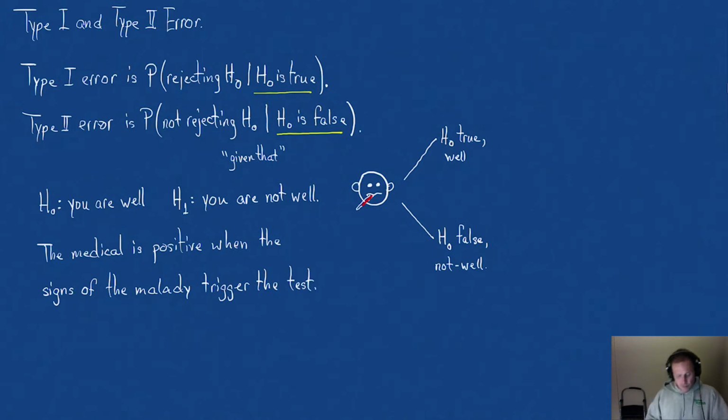So for example, maybe a high white blood cell count, or maybe an abnormally low white blood cell count, or cholesterol levels, all sorts of different things. I'm not a doctor, but let's take a look at how these things might work.